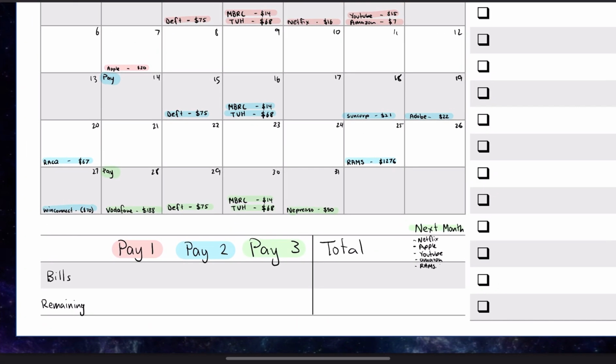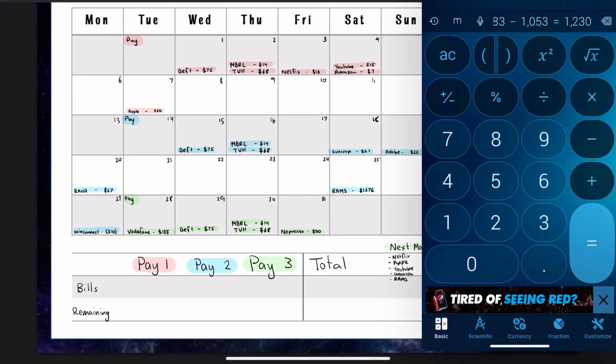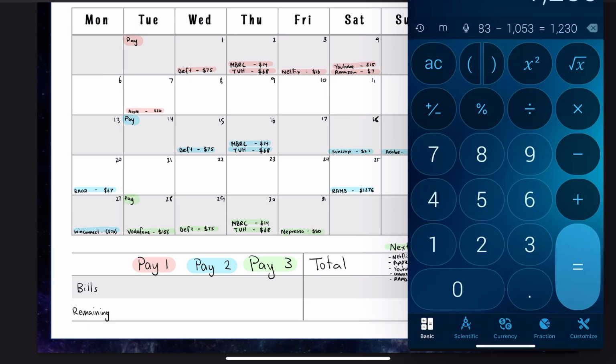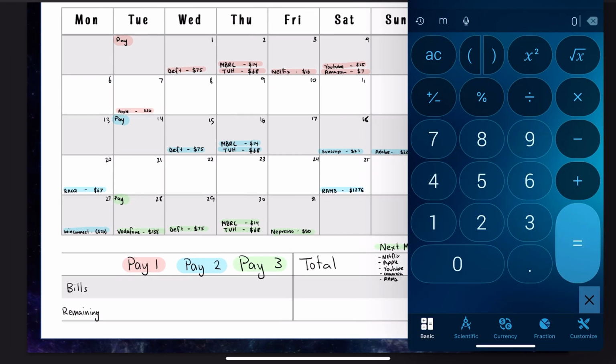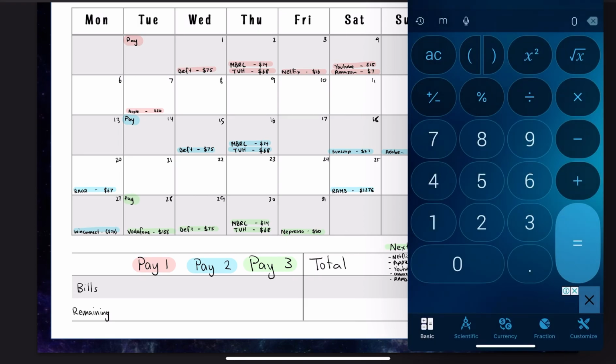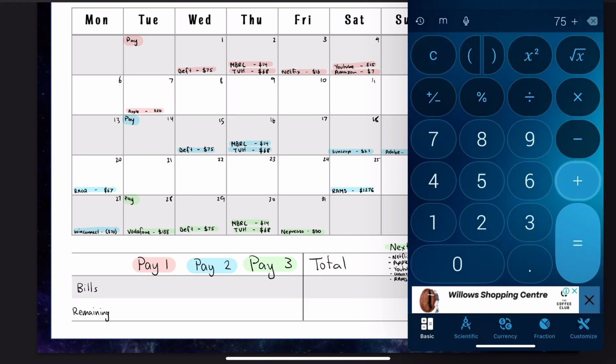All right, so let's just bring up the calculator real quick. Don't want any ads, please. First we've got 75 plus 14 plus 68 plus 16 plus 15 plus 7 plus 20.